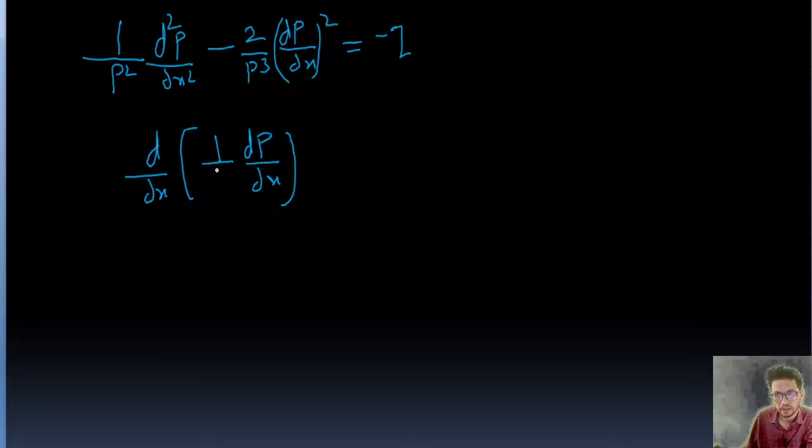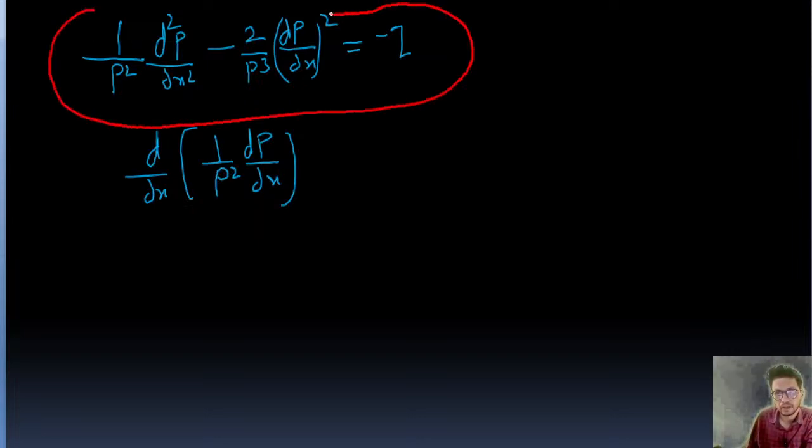This we need to understand, very important step. If you differentiate this, it is giving this value: 1 upon p square d2p upon dx square, and then differentiation of this is minus 2 upon p cube and dp upon dx whole square, right? So this is the differentiation of these two functions, d upon dx, 1 upon p square, dp upon dx. So very important step, and that is going to be equal to 1.